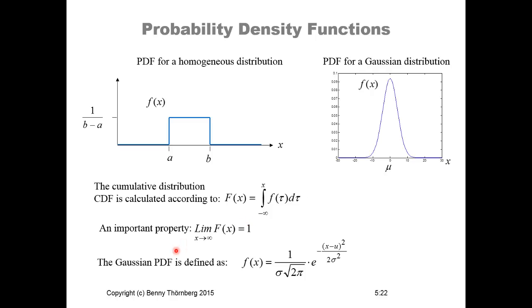The PDF for the Gaussian distribution is defined according to this formula that is also shown here in this graph, where sigma is a measure of the width of this distribution, and the value of μ is a measure of the position of the highest probability, the center of the distribution.